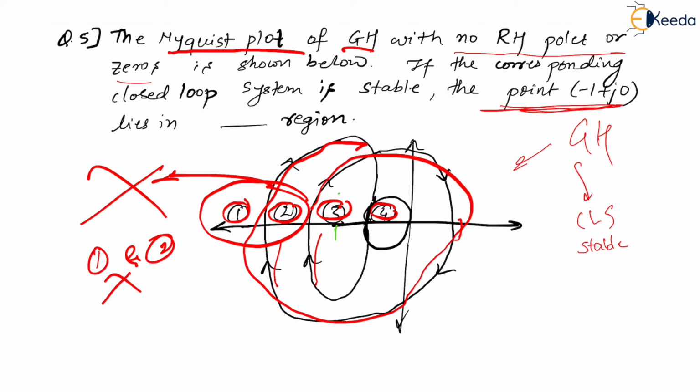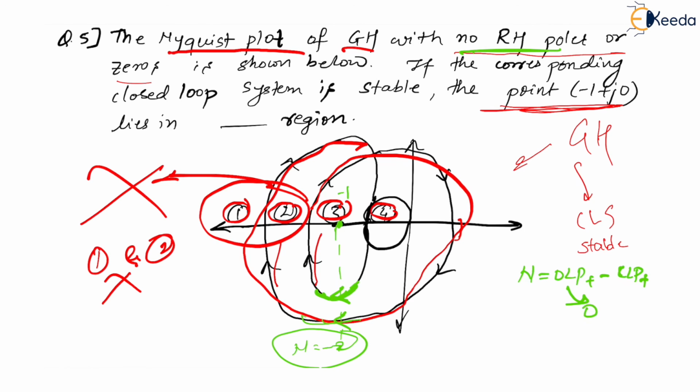If I place it at 3, here I have minus 1, right? Let me check the encirclements. What happens is, you have one in the clockwise direction and another one in the clockwise direction, which means N is equal to minus 2. Now if you remember, N is equal to OLP plus minus CLP plus, right? They have said that there are no RH poles or zeros, which means OLP plus is 0, and minus CLP plus are the closed loop poles.